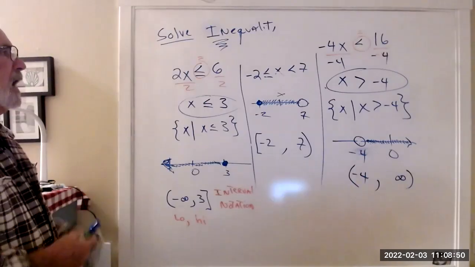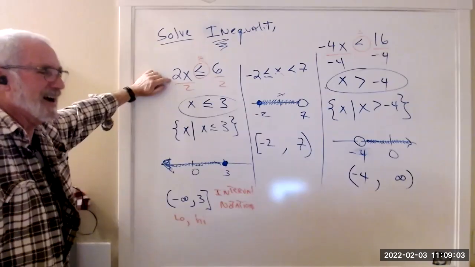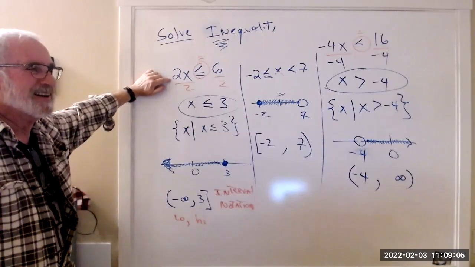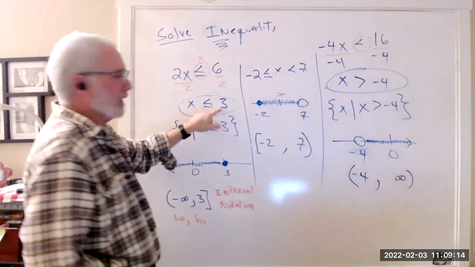All right. I have one question as well. Sure, go ahead. For the first answer, you know how it's 2x, and then the alligator's eating the 6. Is it always going to be equal no matter what, or is it going to be something else? Oh, you mean, is it always going to be a pretty number like 3?